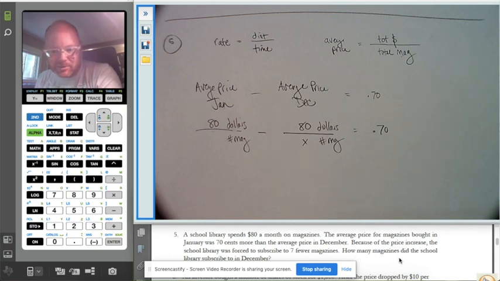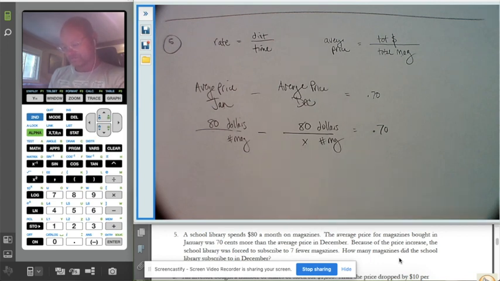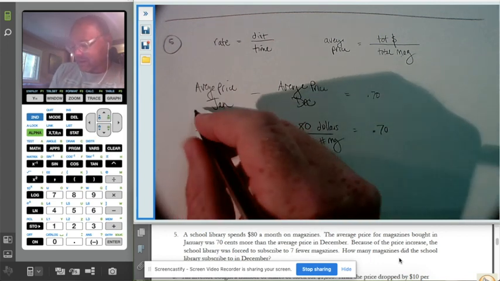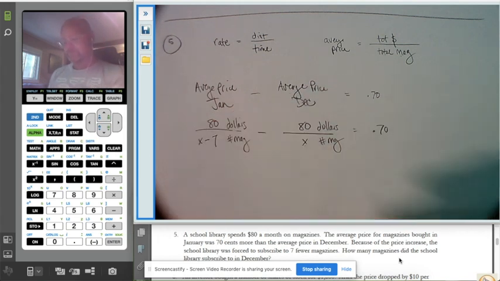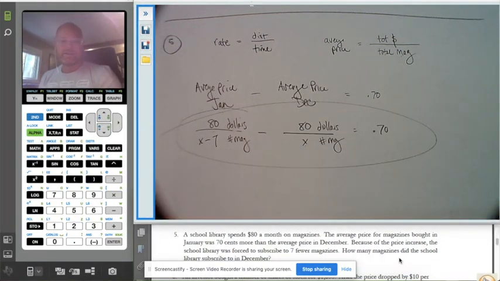Because of the price increase, the school library was forced to subscribe to 7 fewer magazines in January. So however many magazines we were buying in December, we have 7 fewer magazines in January. So there's my rational equation. See if you can find out what X is.